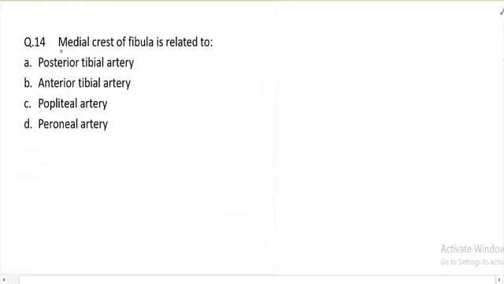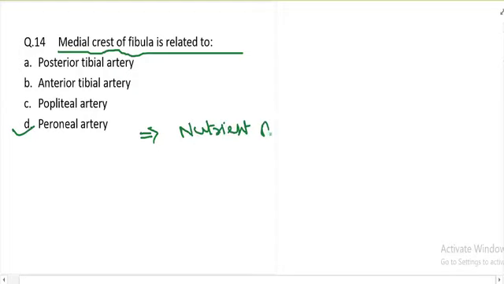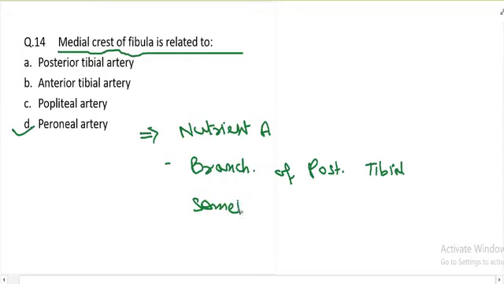This is a direct question asking about the medial crest of fibula relation. The answer to this question is peroneal artery, that is direct, and peroneal artery is the nutrient artery of this bone. Peroneal artery is mostly a branch of posterior tibial, sometimes a branch of popliteal.